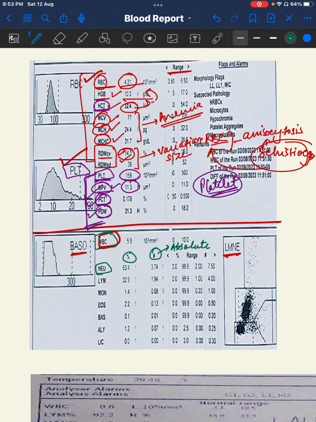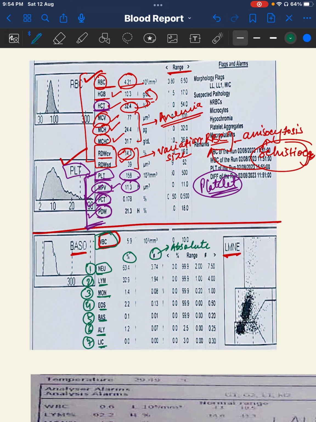Okay. So the first cell it has talked about, NU, is neutrophil, then lymphocyte, monocyte, then eosinophil, then basophil, and then it has something called ALY and then LIC. So look at it, it has talked about 7 different types of WBCs.